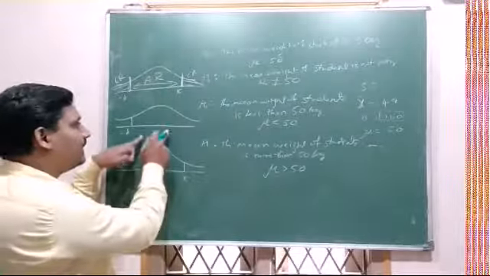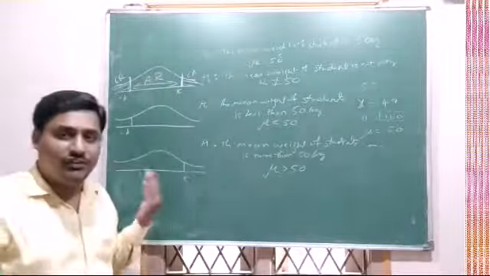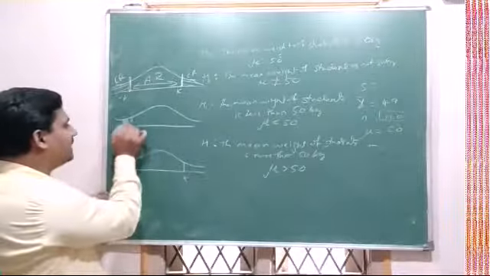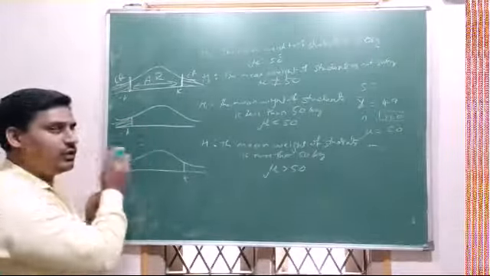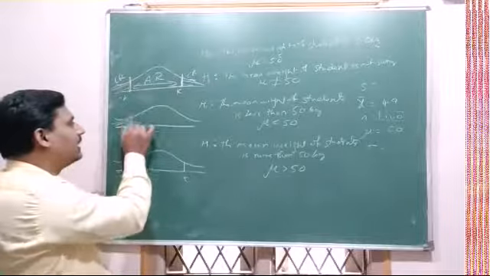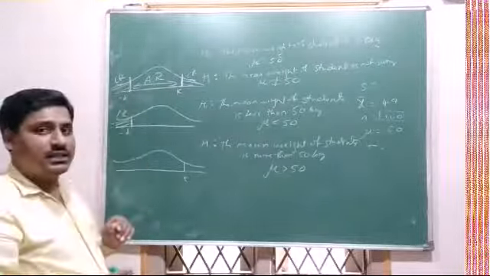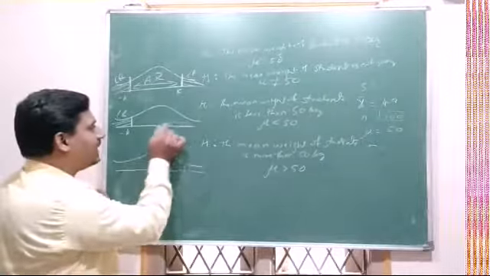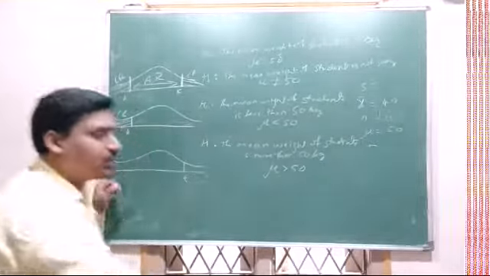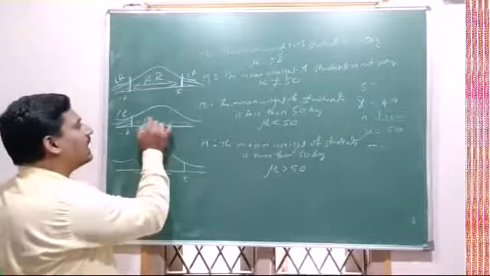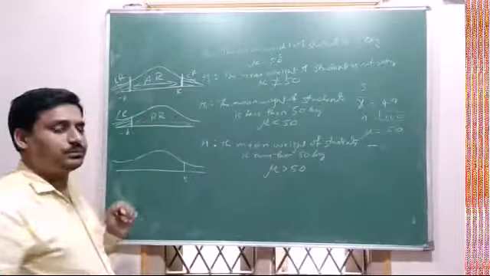Whereas in less than, that is left tail test, this area towards negative infinity after the k point is a critical region or rejection region, and this entire area up to positive infinity is acceptance region.